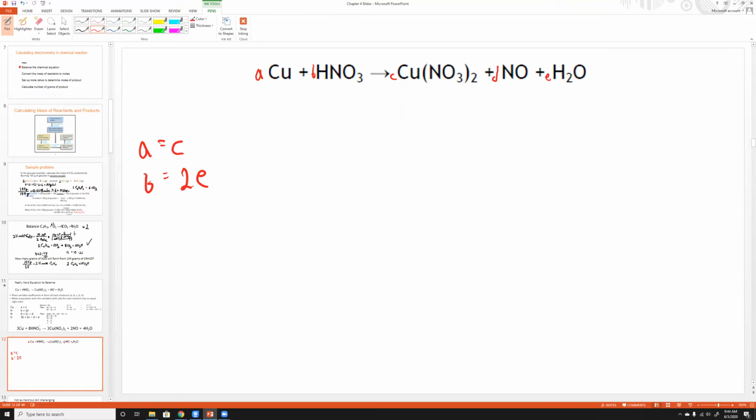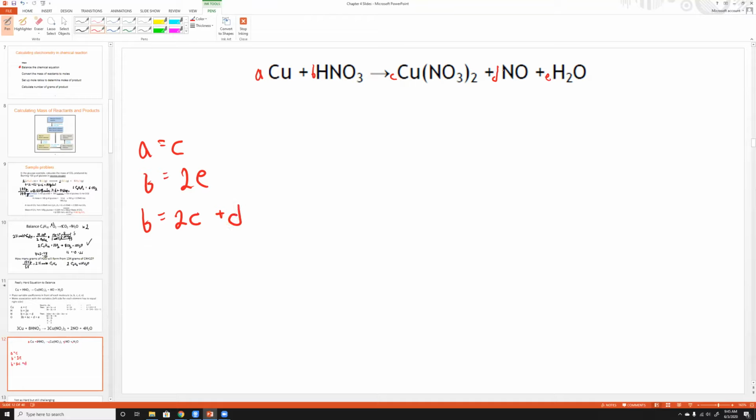So you have 1 nitrogen here. You have 2 of them here, 1 of them here. So this means that B has to equal 2 times C plus whatever D is.